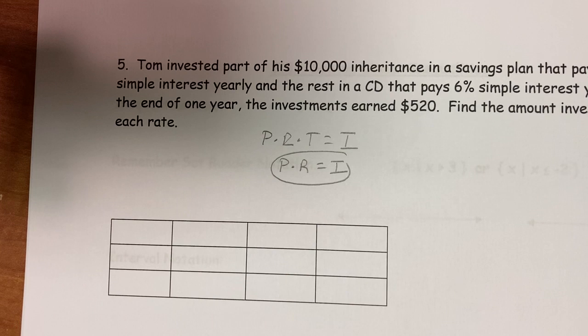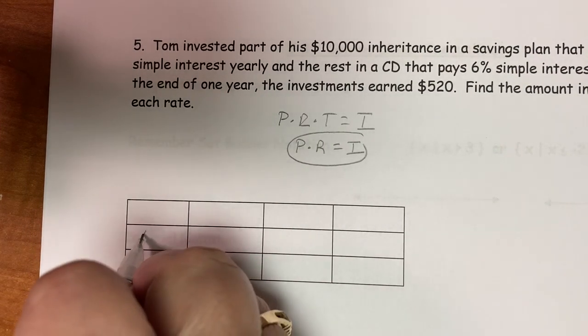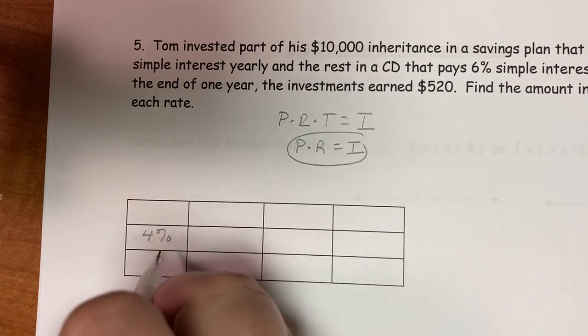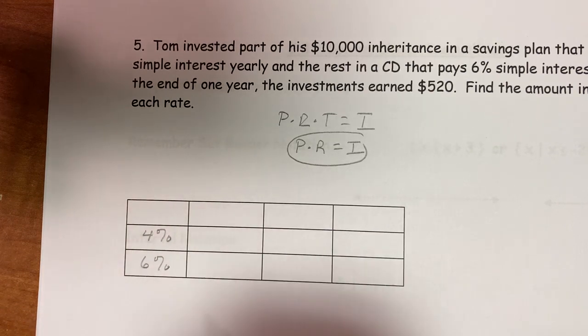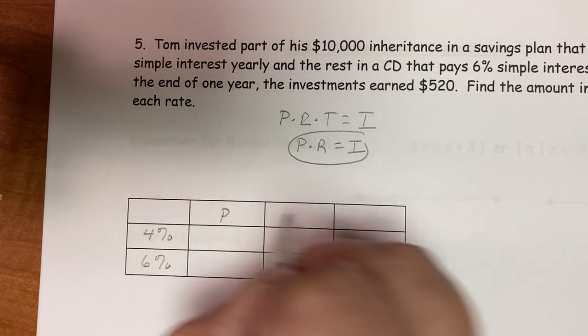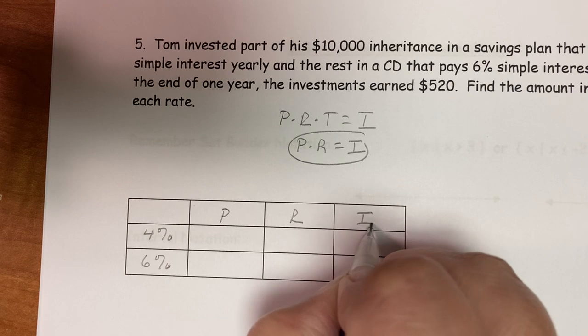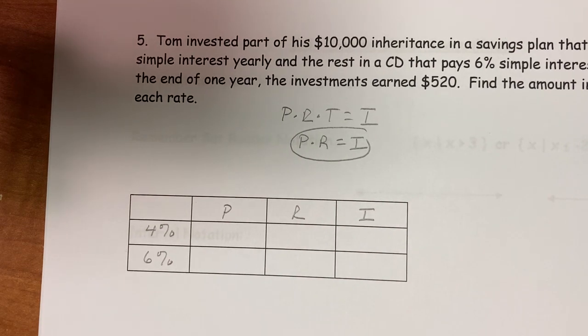So let's start filling in our chart. Well, what are the two things we're talking about? He's investing some of his money at 4% and some of his money at 6%. So we're going to talk about principal, and then we're going to talk about rate, and then in the end, we're going to multiply those to get our interest. So principal, how much did he invest in each one? We don't know, but what do we know?